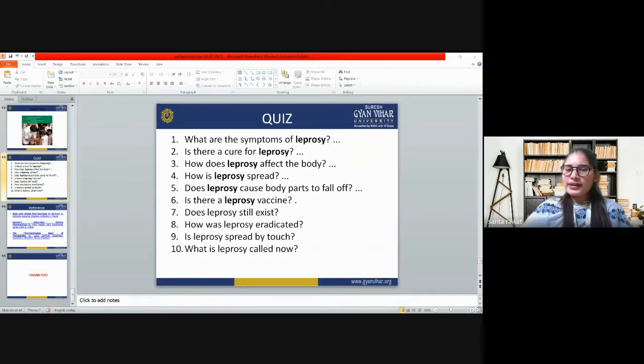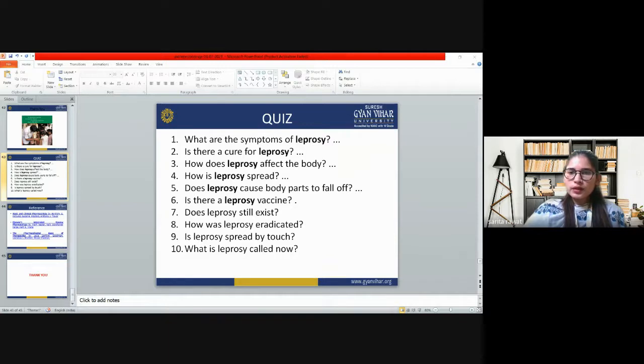So the vaccine is useful but offers limited protection, and currently research to develop a more effective vaccine is taking place in the USA, and the Leprosy Mission will be involved in a clinical trial to test its effectiveness.